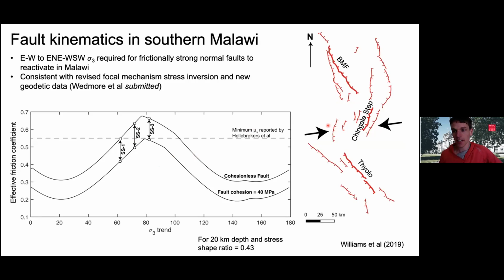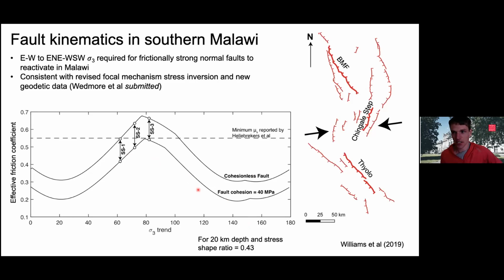And so we calculated what we called the effective coefficient of friction, the maximum frictional strength that would allow all these faults to reactivate without also inducing failure along an optimally oriented plane in intact rock. We calculated that as a function of sigma 3 trend, and these are the results here.